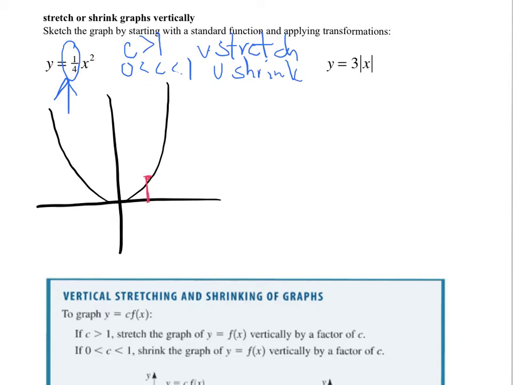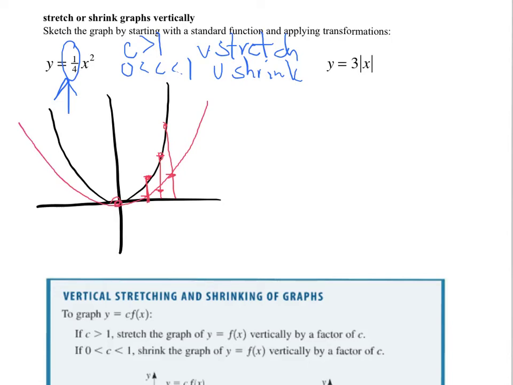So 1/4 of that is going to actually be lower. 1/4 of that is going to be right down here. So the new point is going to be down there. For this point, you have a height of that much. The new point is going to just be about right there. So you see what's happening is these points are all getting flattened down. So the 1/4 of x squared graph is going to look like that. Notice that the x-intercept stays the same.